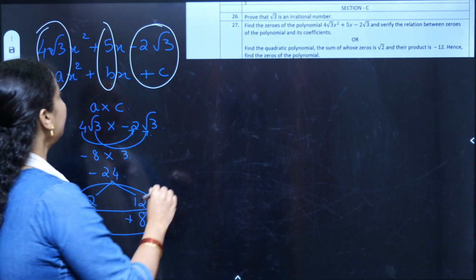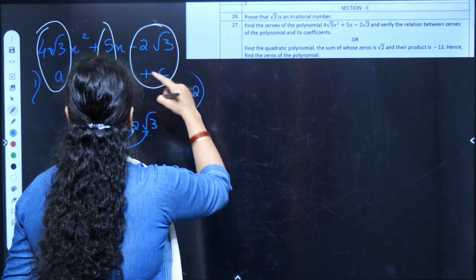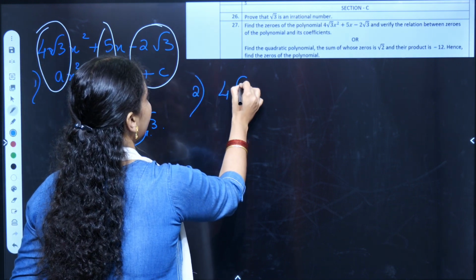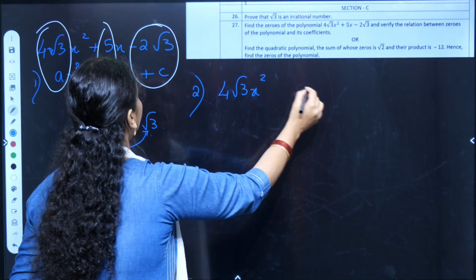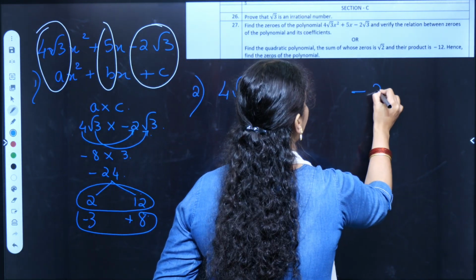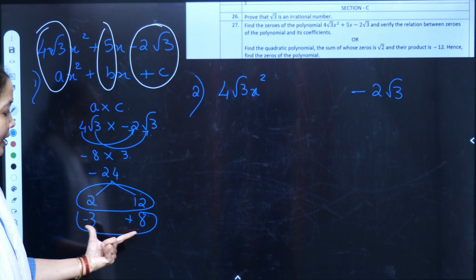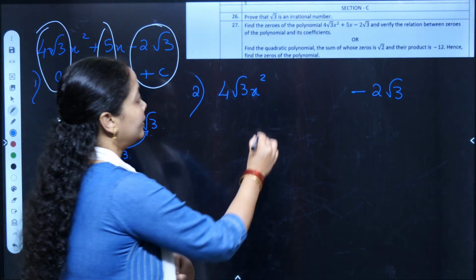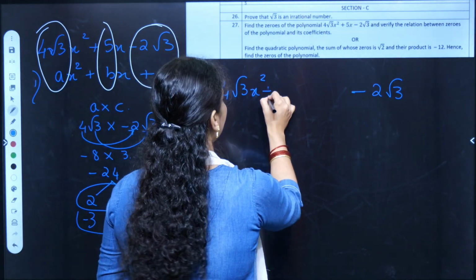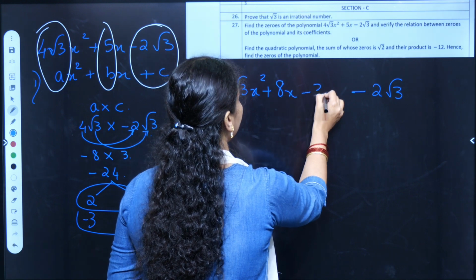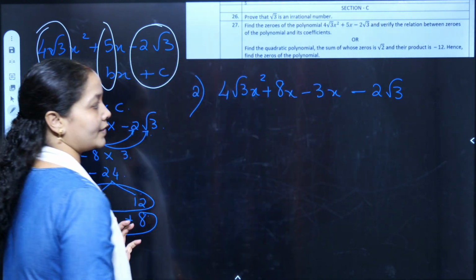So how do I write it? I write the first term as it is, 4 root 3x square, the last term as it is, which is negative 2 root 3, and I write this pair in the middle: plus 8x minus 3x, which gives me plus 5x.